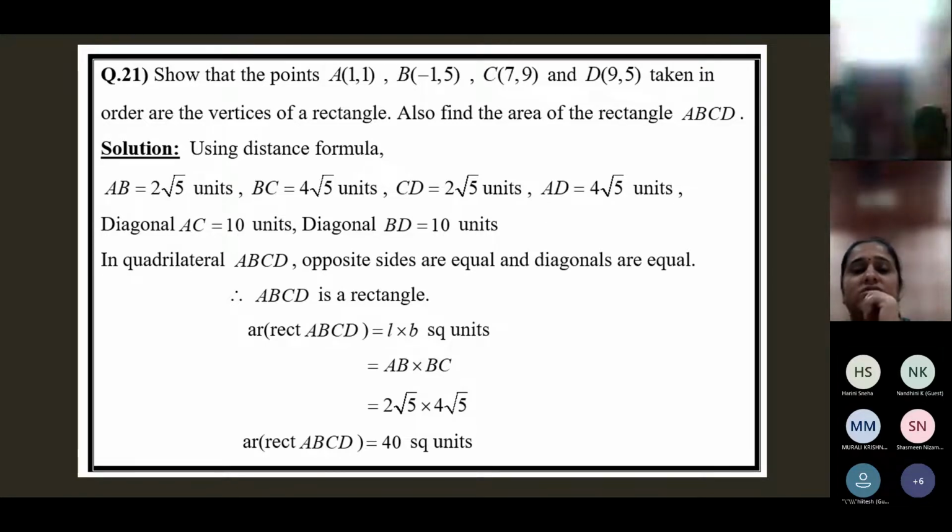Just take down whatever is in the slide, children. Write it down. You don't have to calculate because you know how to find AB in detail.